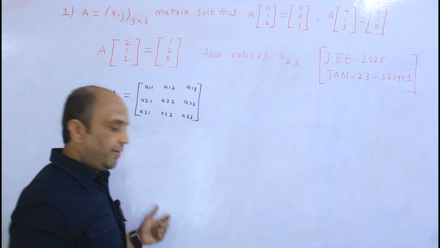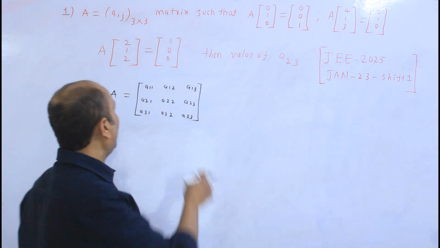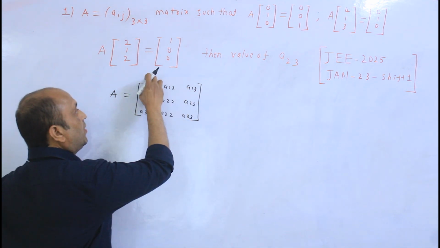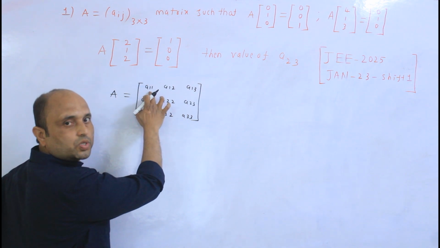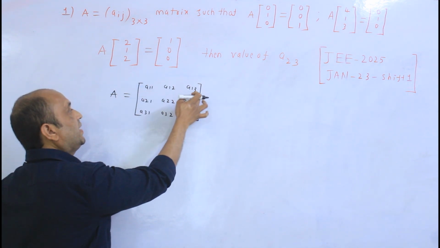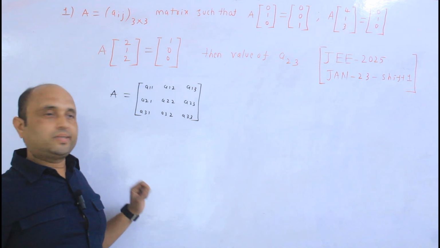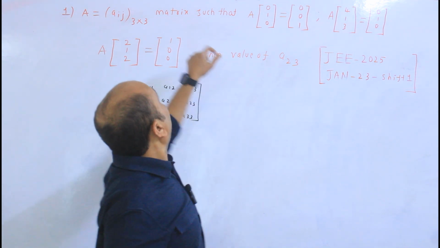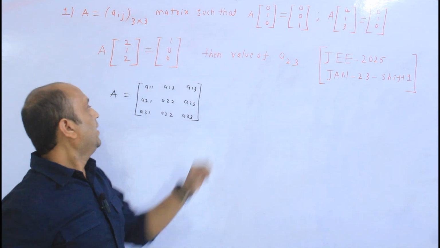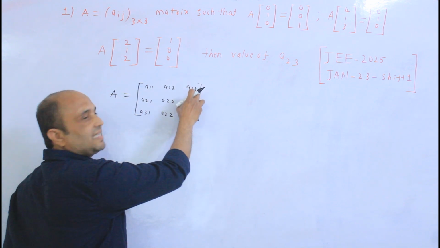So this is the matrix. These are the order of A, that is present in first row first column, first row second column, first row third column, like that. So here we want to find the A23 element, only this element.